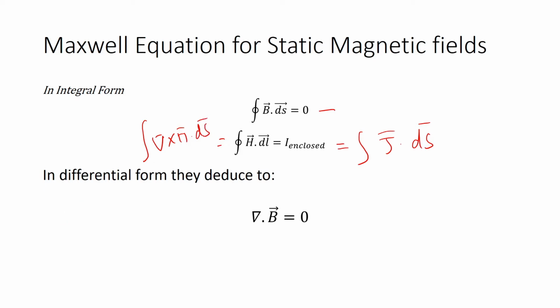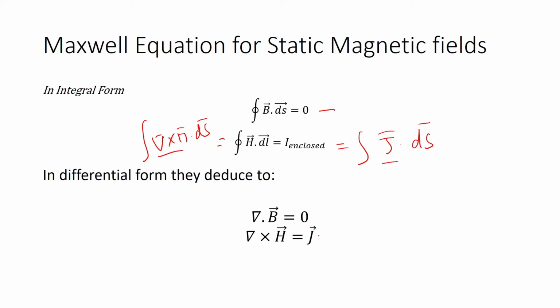Therefore, since this is applicable for all surfaces, del cross H bar is equal to J bar. That is, the curl of magnetic field intensity is equal to the current density. This is Maxwell's fourth equation.